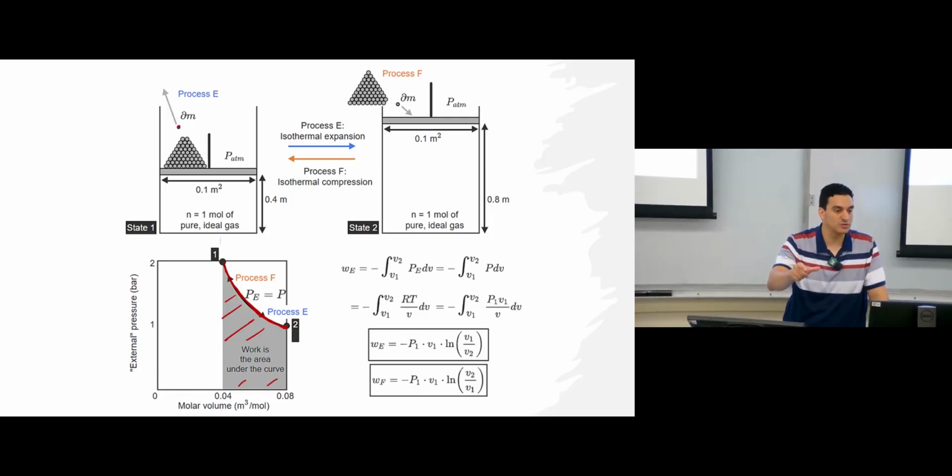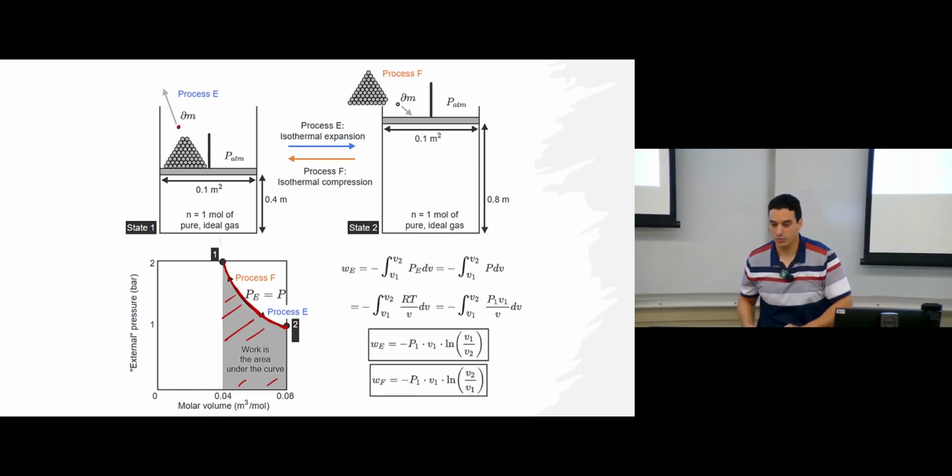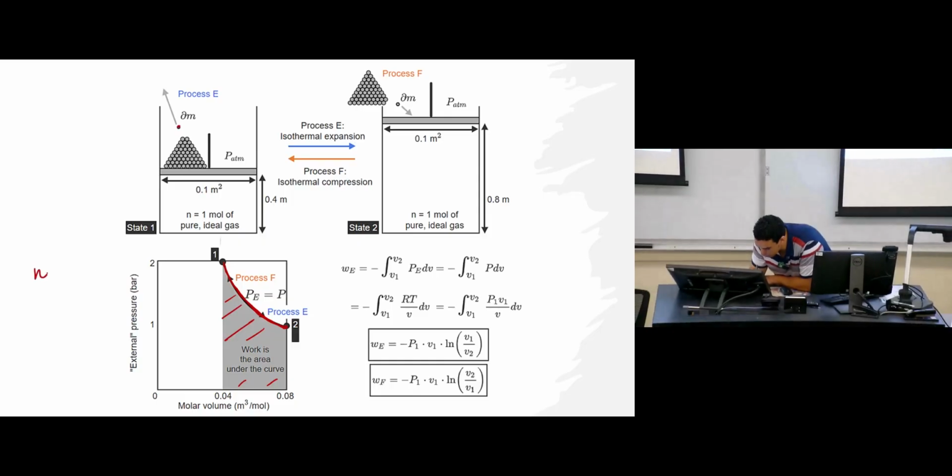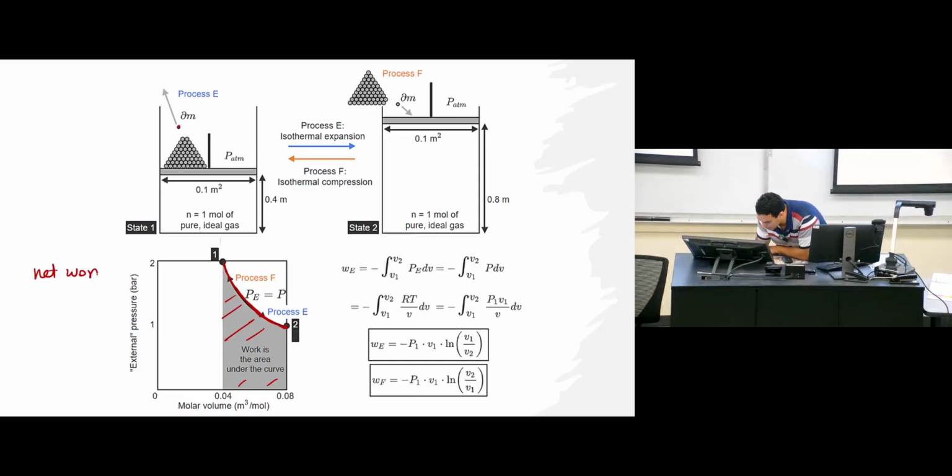So the net work is what? 0. We don't have net work here. When I say the net work or the net energy, this is the energy during the expansion minus the energy during the compression.